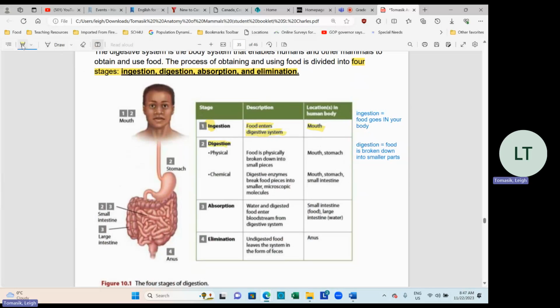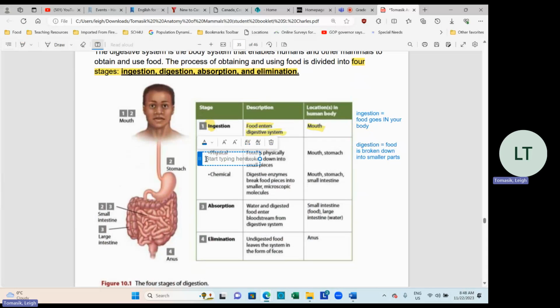So there are two things in your mouth that help you start digestion. You have your teeth that are a part of physical digestion. Physical digestion is using not a chemical, but a part of your body, the movement of a part of your body, to break food down.